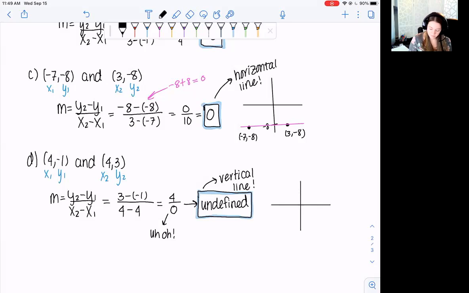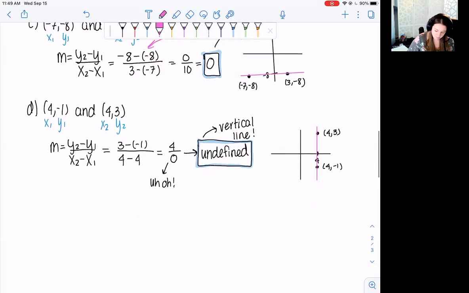So sort of like I did with the other one, if I had 4 over here, we have the point 4, -1, which would be somewhere down here, and then the point 4, 3, which would be somewhere up here. Together they would make a vertical line.